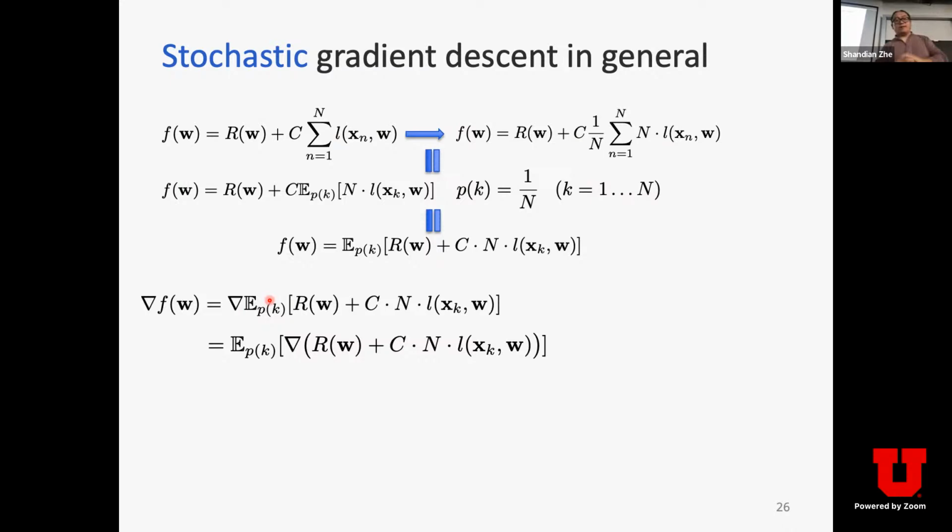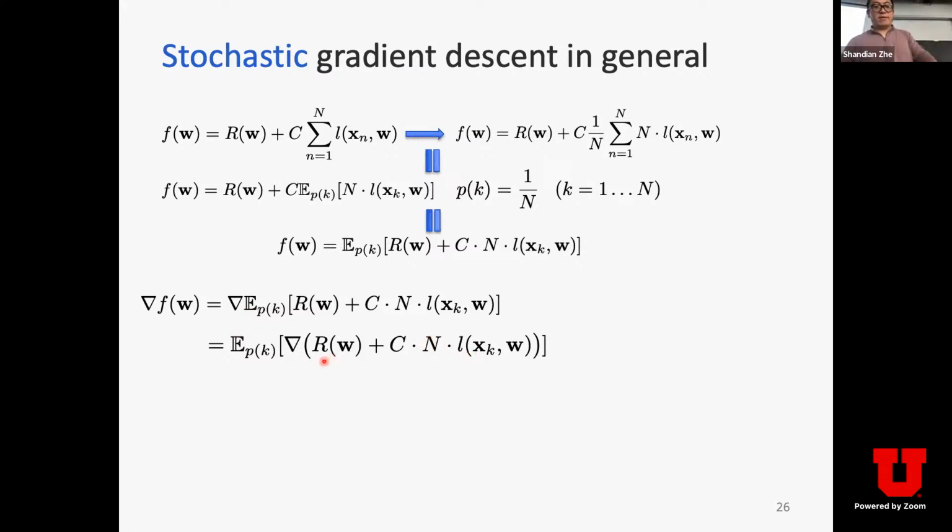In our case, the parameters W have nothing to do with the random sample you choose, so you can switch the expectation and the gradient. In other words, the gradient of F is equivalent to first computing the gradient of this stochastic objective. This stochastic objective is a regularization term plus C times a randomly picked example from your data set, calculate the loss on that, and multiply with n.